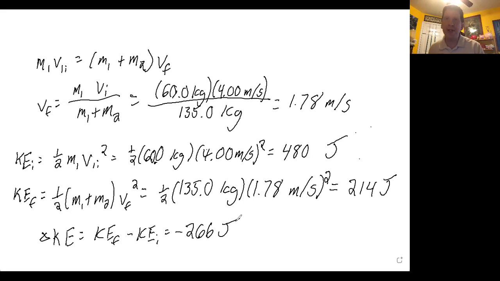So the skaters lose 266 joules of kinetic energy. And that gets lost as heat, as friction in the inelastic collision, or in this case, the perfectly inelastic collision. And so more than half of the kinetic energy has been lost that way.